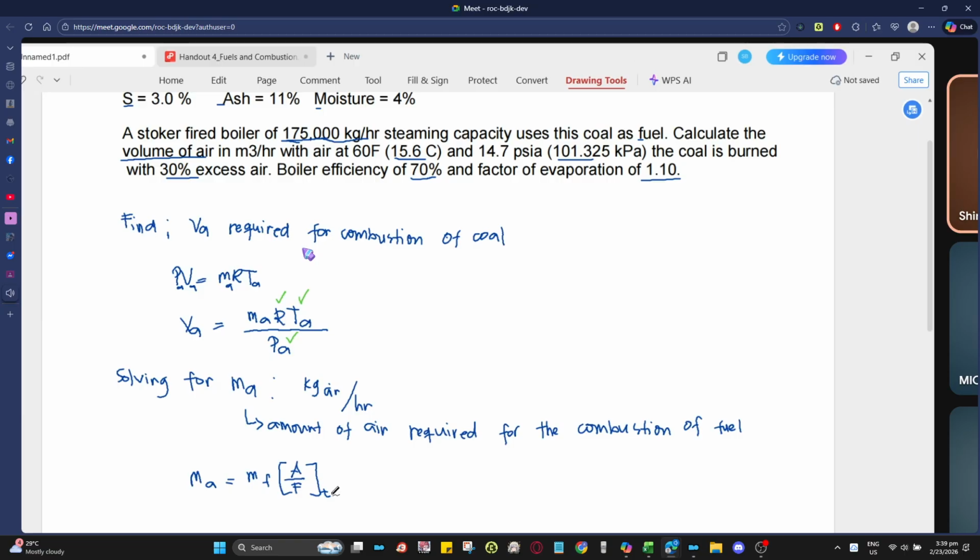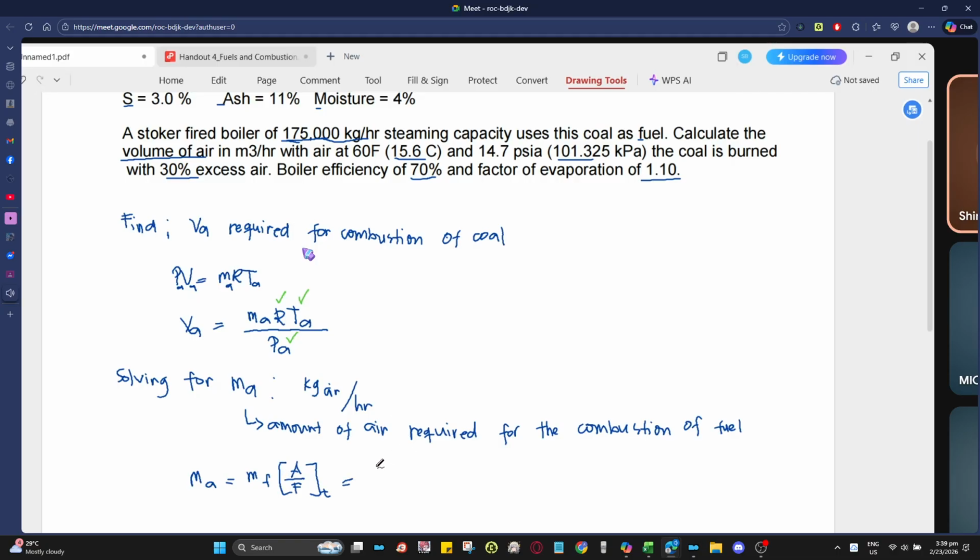Theoretical fuel ratio. So mass of air is equal to the total air required per kilogram of coal times the mass of coal burned per hour. Ni siya.